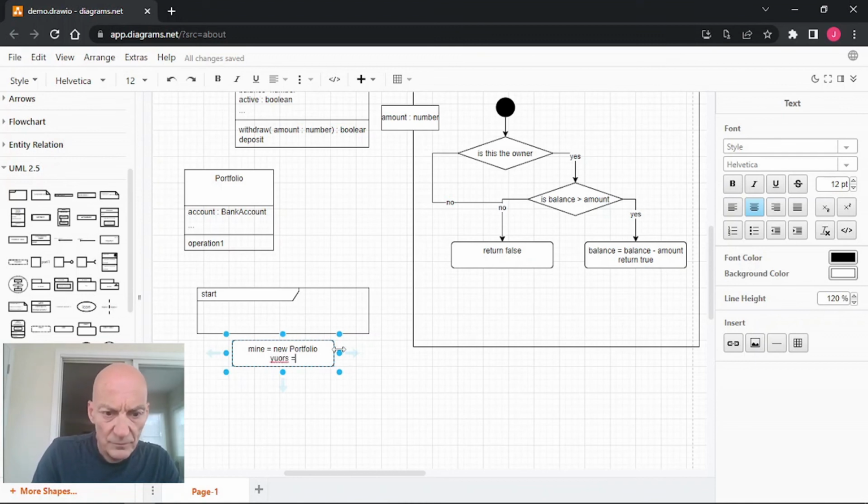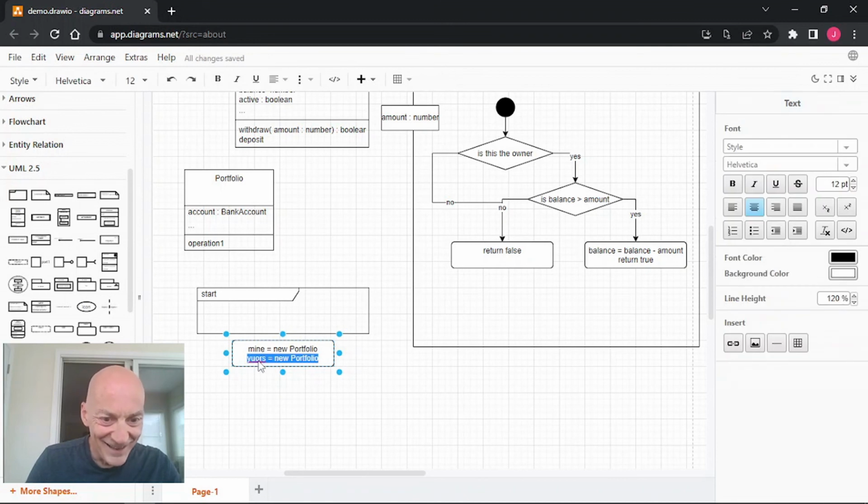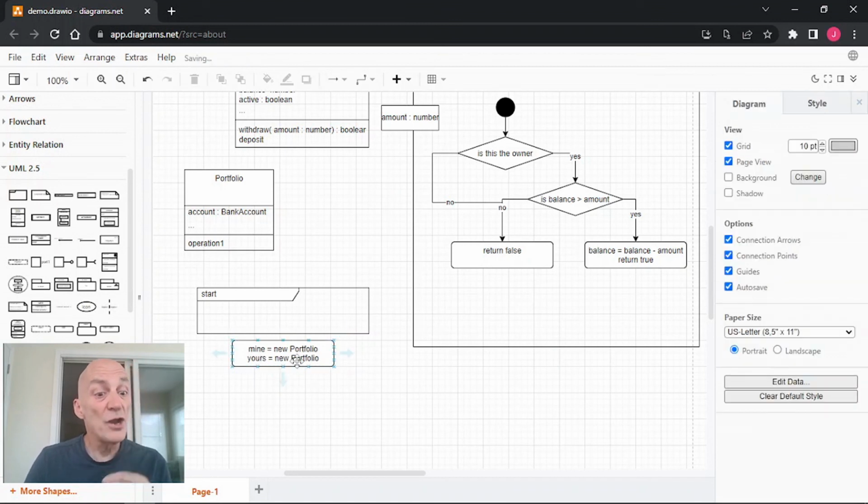yours is assigned a new portfolio, then it's going to allocate another chunk of memory, same size, but another chunk of memory, and point to it, refer to it by the name of yours.